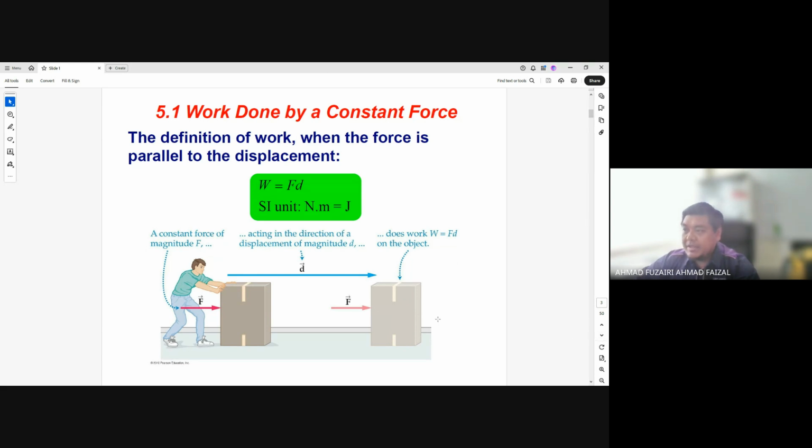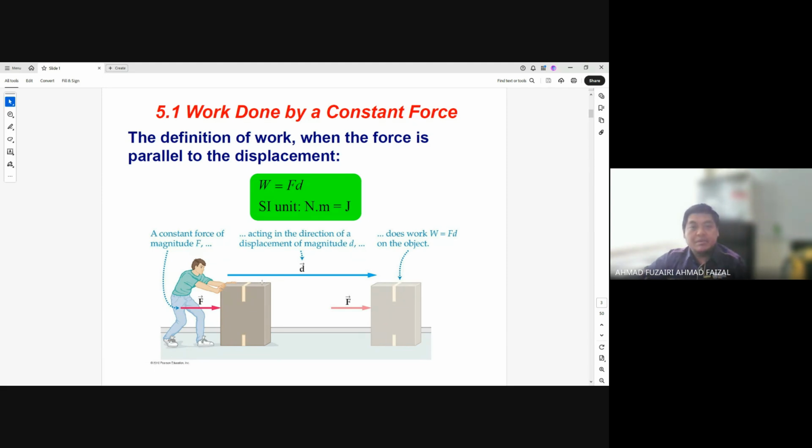As we see here, when there is a man that pulls or pushes a box with a certain applied force, through a certain displacement from point A to point B, the force is in the horizontal position, the same as the displacement.